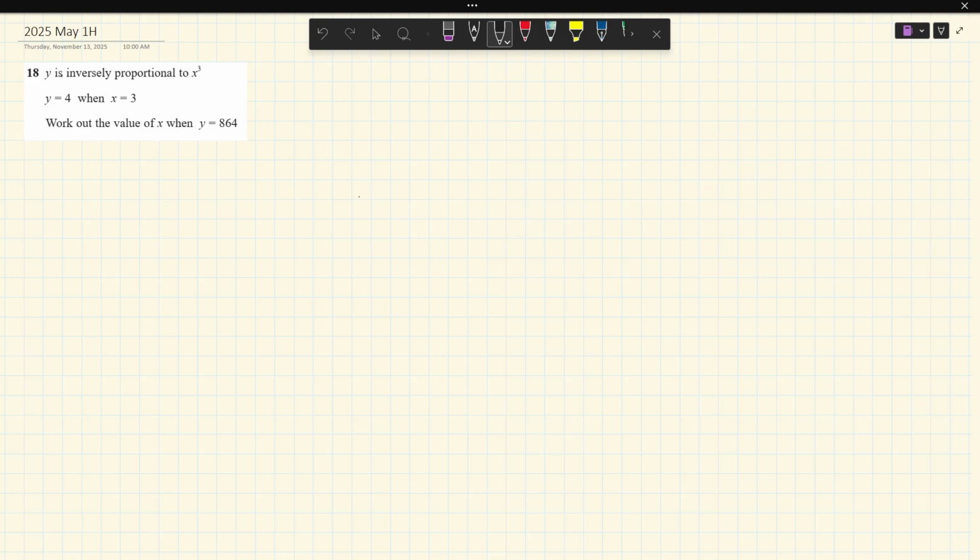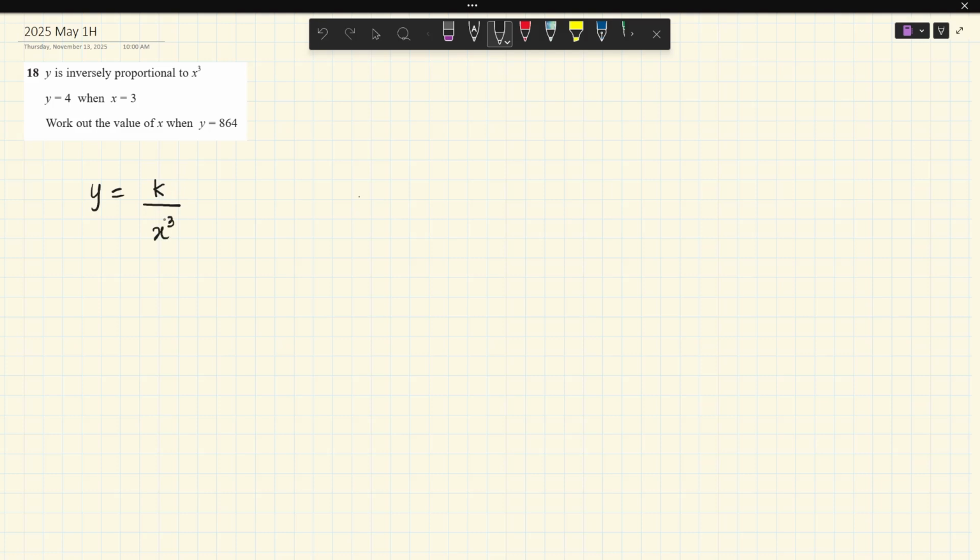Question 2. Y is inversely proportional to x to the power 3. Y equals 4 when x equals 3. Work out the value of x when y equals 864. So y is inversely proportional, that means y equals k over x to the power 3.